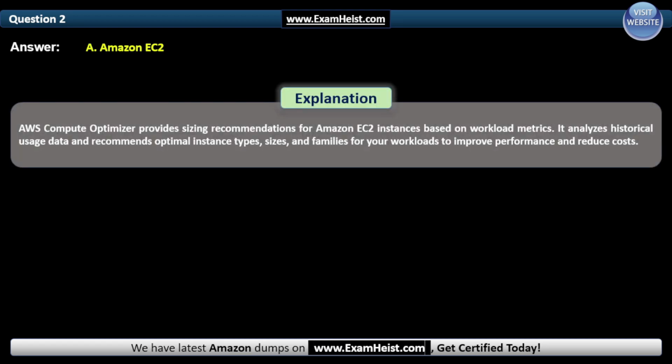AWS Compute Optimizer provides sizing recommendations for Amazon EC2 instances based on workload metrics. It analyzes historical usage data and recommends optimal instance types, size, and families for your workloads to improve performance and reduce cost.